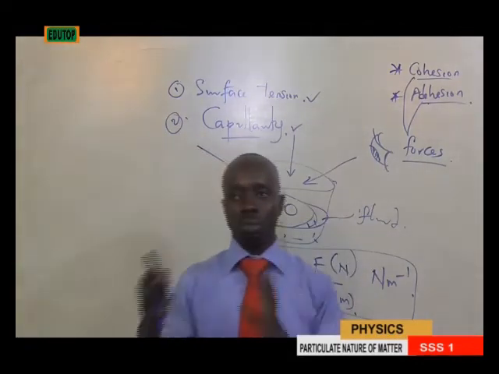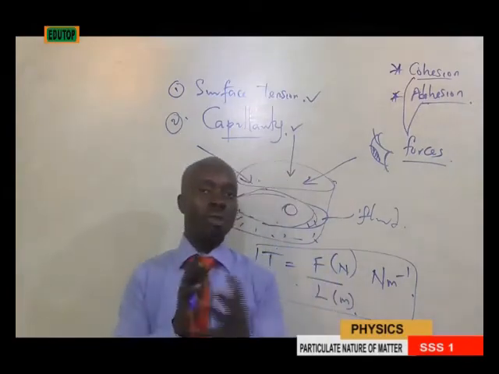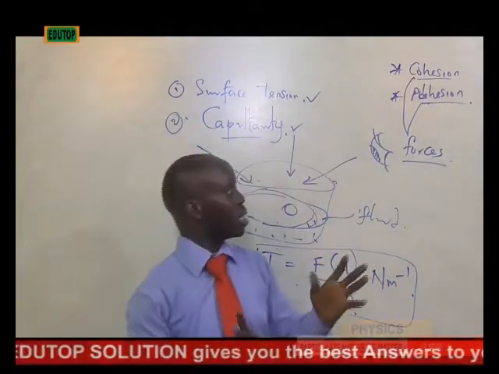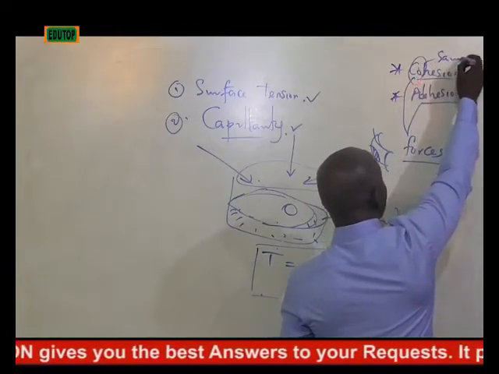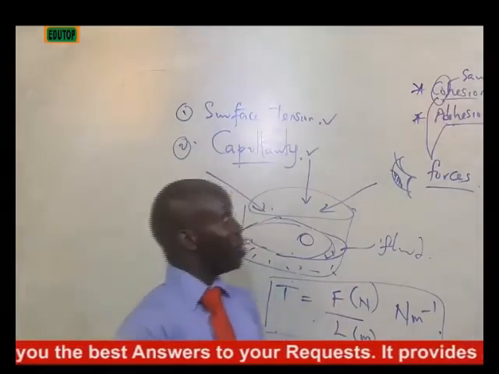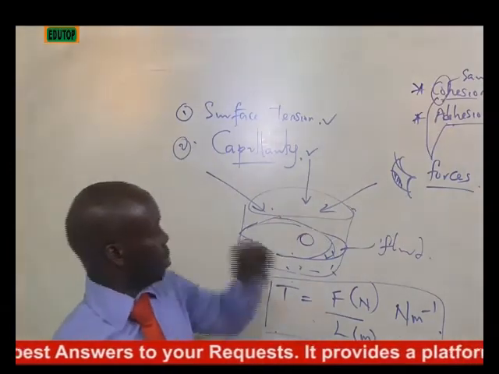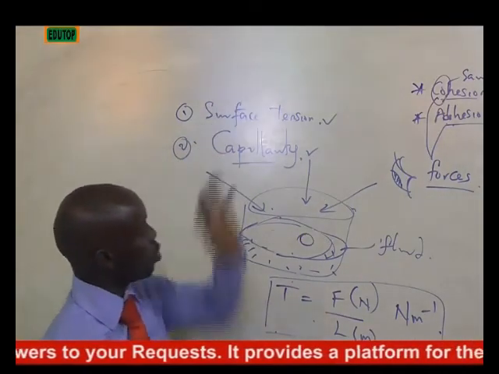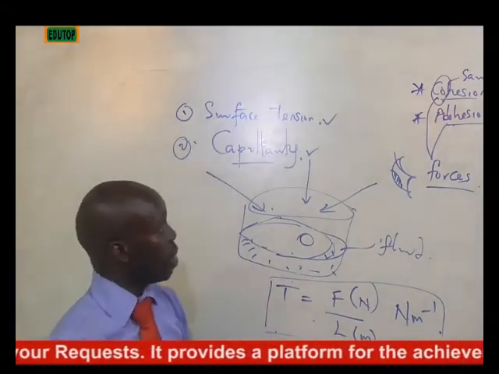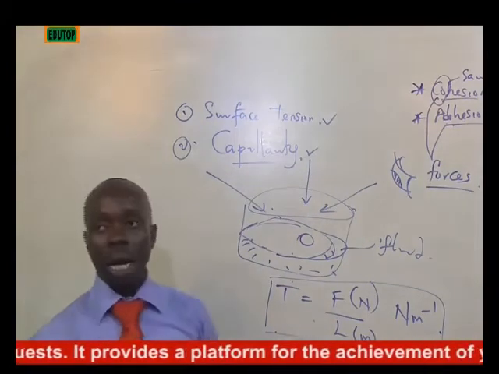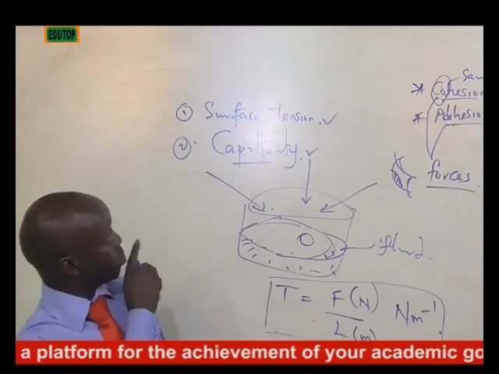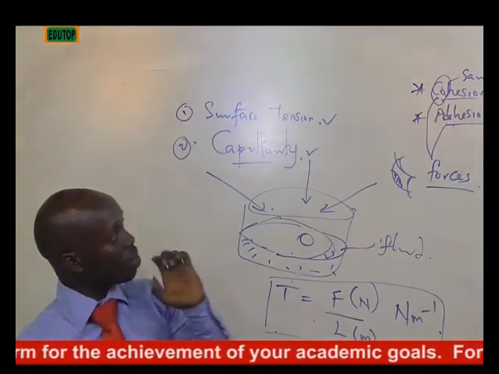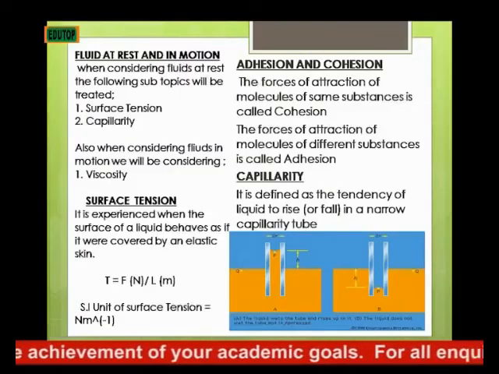Forces of cohesion is the bringing together of molecules of the same substance. Cohere. This co means same. So we said under the surface tension we have a subtopic, and those subtopics are two: we have the cohesion and we have the adhesion.